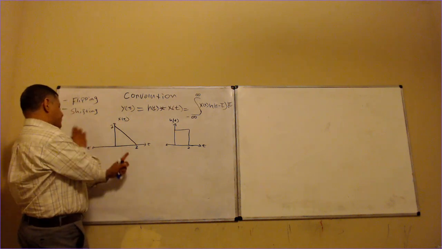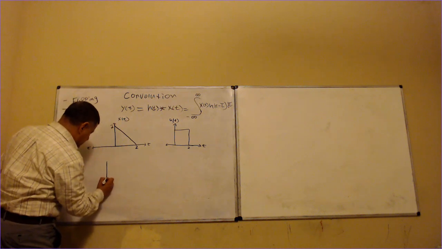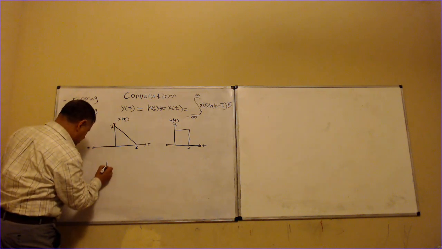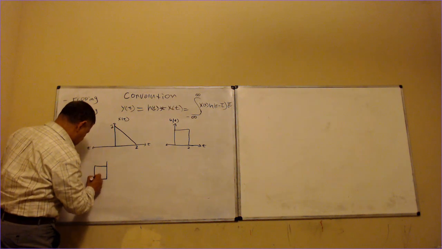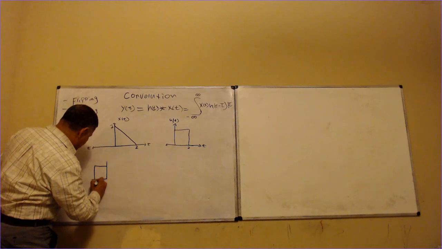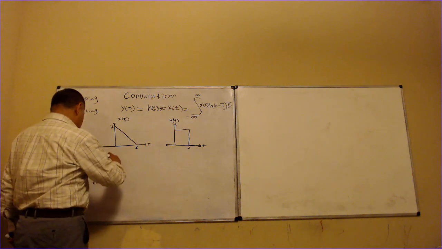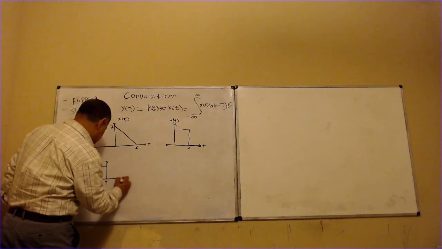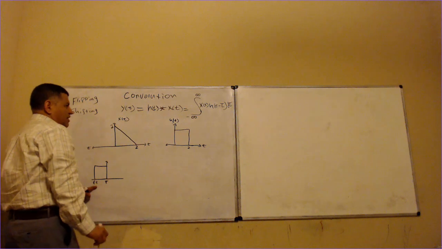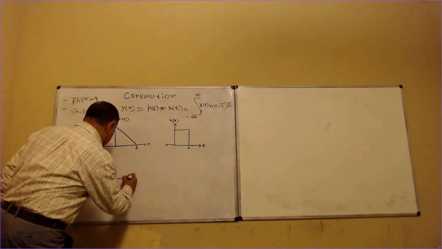Step one is flipping, right? So we flip that like that, and that becomes t minus 2. And this is t, right? Now, if you notice, t minus 2, and this is now a function of tau.